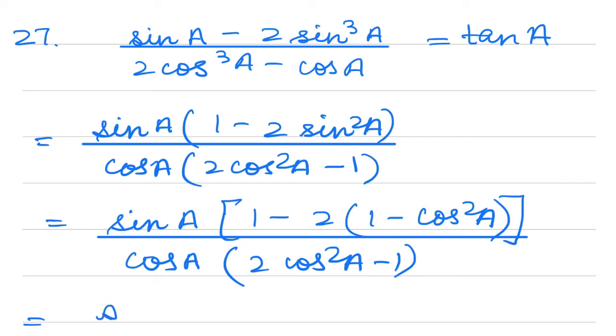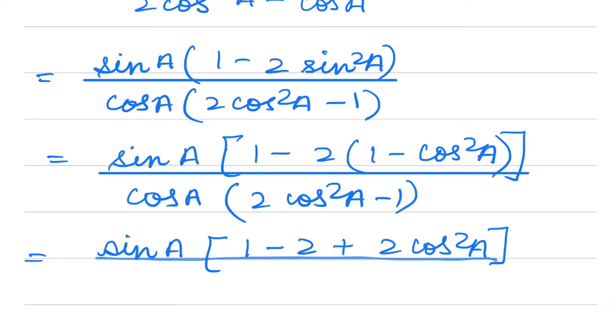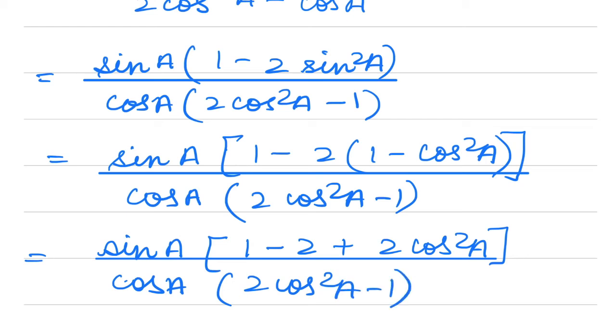This is equal to sin A, and here I have 1 minus 2 plus 2 cos square A divided by cos A and 2 cos square A minus 1.